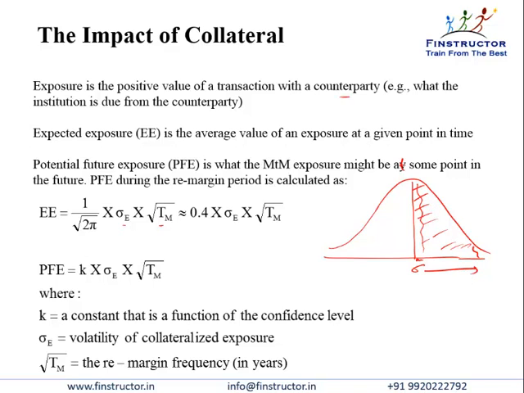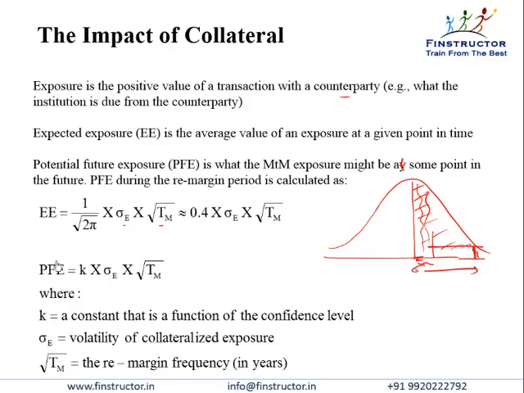So expected exposure is the expected value of these positive values. Please note, the x-axis is the extent of the profit or the positive value, and the y-axis is the probability. So a large probability of a very small gain and a small probability of a very large gain.